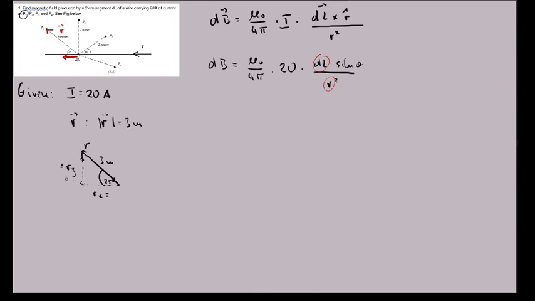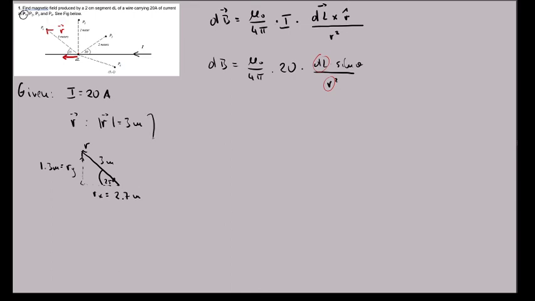So 3 times the cosine of 25, so that I get 2.7. So Rx is 2.7 meters. And then 3 times the sine of 25 gives me 1.3. So this is 1.3 meters.